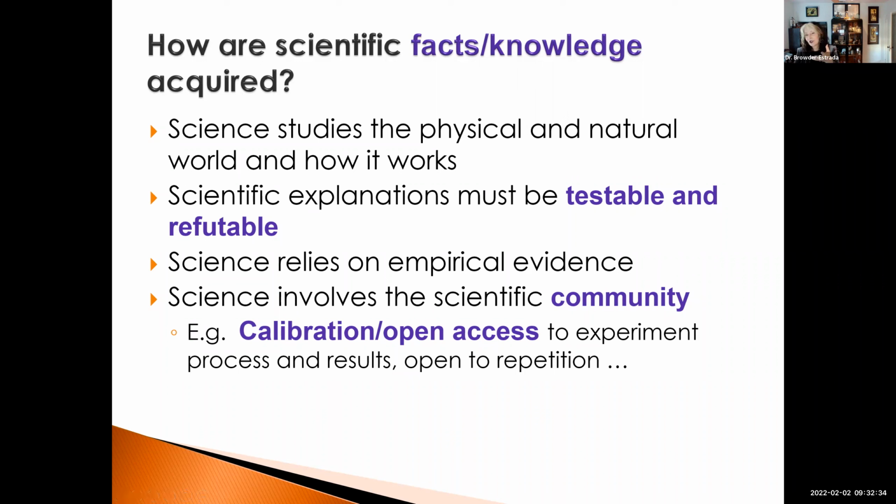If let's say it's something to do with people, how many people they looked at, who they were, right? Was it related to biosex? Was it related to age? Was it related to some other type of genetic combinations for those people, so that they can look at the process and the results? Because in order to do this the way it has to be done, so that we can rely on it and feel confident, it needs to be open to repetition.